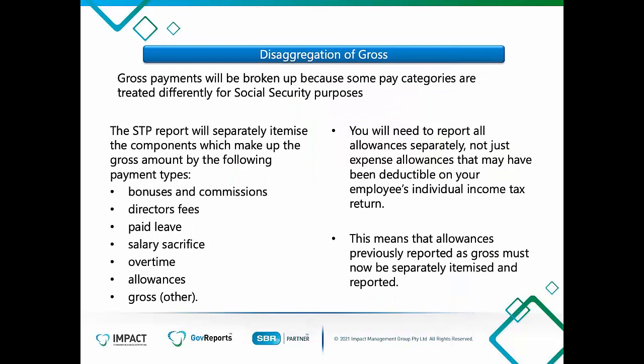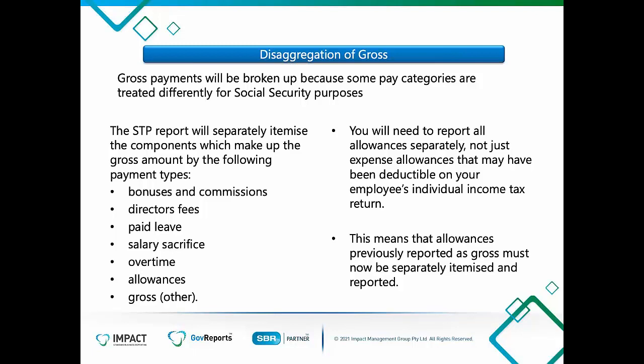This is where the disaggregation of gross comes in, so where previously we've put bonuses and commissions and directors' fees and paid leave and salary sacrifice and overtime and some of the allowances all into gross payments. This is where we're going to pull that apart and put them into different areas.